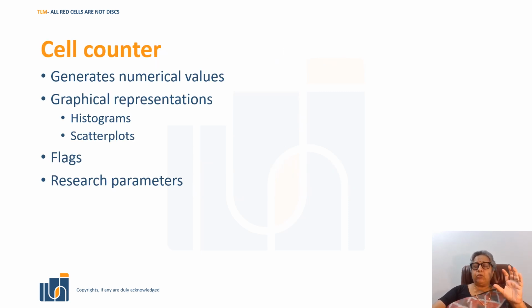So, like I told you, the cell counter generates numerical values, and these are the numerical values that we give out in our report. But we should also remember that the cell counter also generates graphical representations in the form of histograms, scatterplots, and so on, depending upon which cell counter you're using.